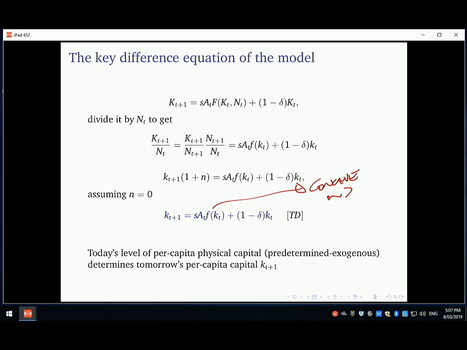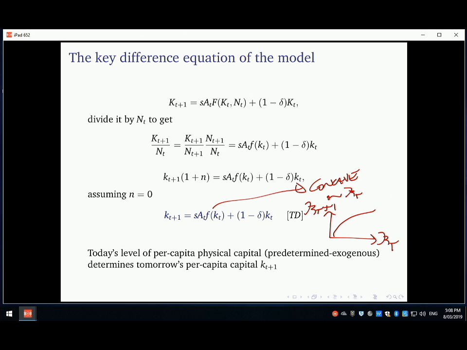The other term is linear in little kt, but given that little f is concave, that will determine the concave shape of the TD curve. So if we graph little kt and little kt plus 1 on the y-axis, we're going to have a concave function.